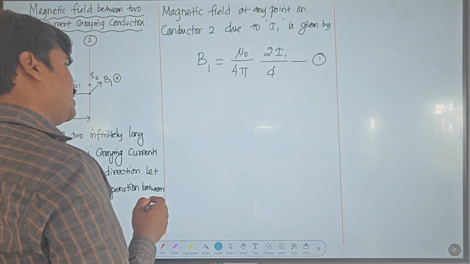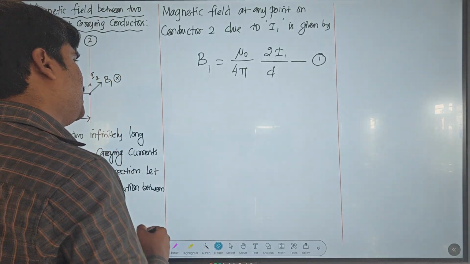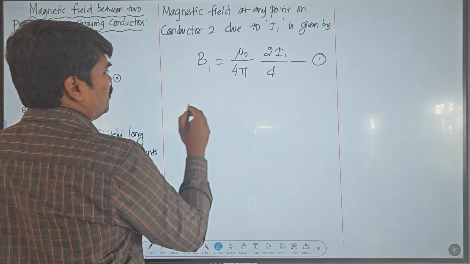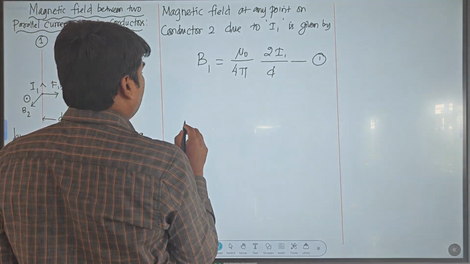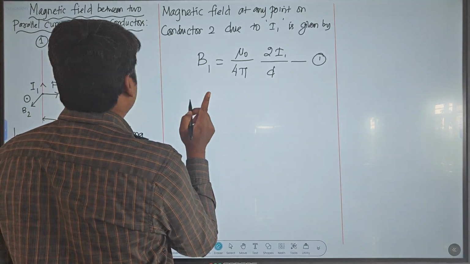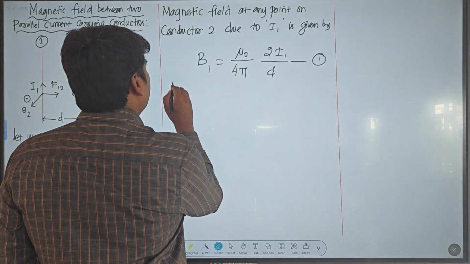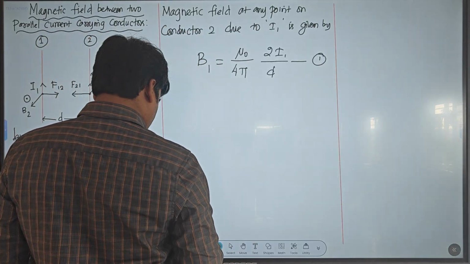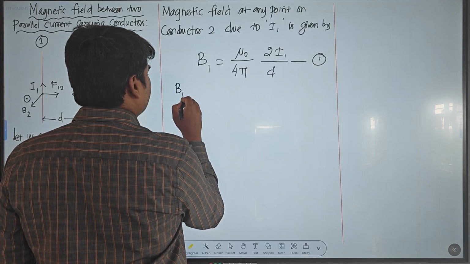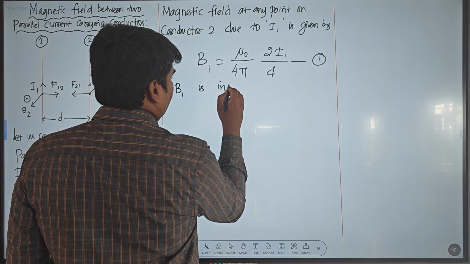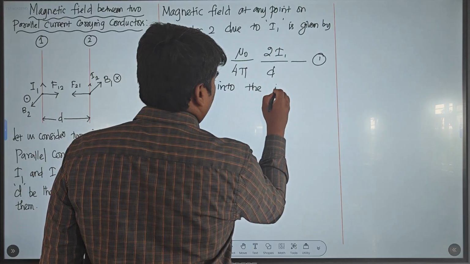Similarly, as I already told you, it is into the plane and out of the plane. Here, this is due to the current I1, which is into the plane. So if you want, you can mention it here: B1 is into the plane.